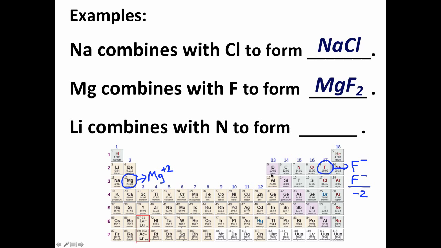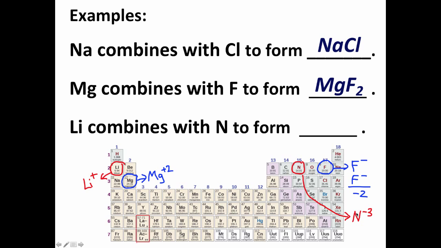Okay, one more. How about if lithium combines with nitrogen? Well, lithium is also an alkali metal like sodium. It forms +1 charged ions. Nitrogen is in column 15 or group 15, and it forms -3 charged ions.